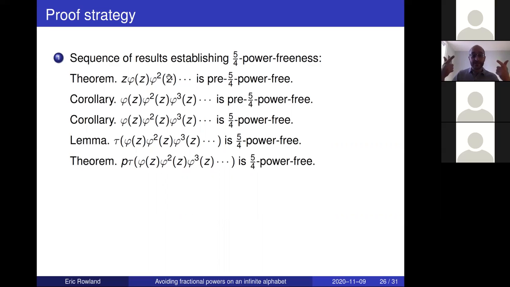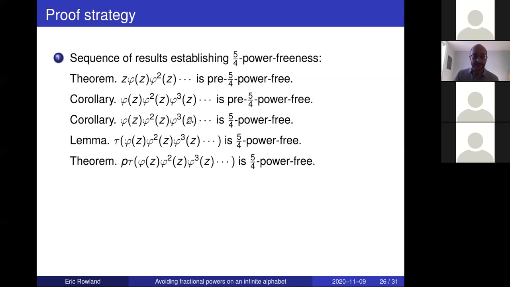Since that word is pre-5/4 power free, then by the previous proposition, when we apply phi to it, we get another pre-5/4 power free word. So that step is easy. This theorem is not easy, but the corollary is easy. Since now this word is pre-5/4 power free, and every 5/4 power is a pre-5/4 power, that means that this word also is 5/4 power free.